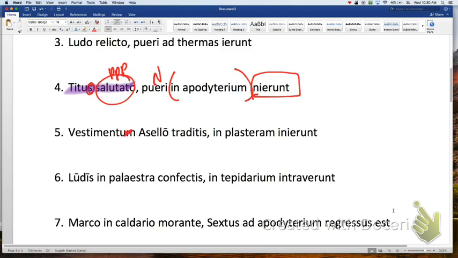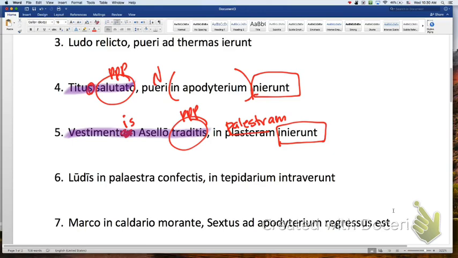Boy, this is like a parade of mistakes over here, Dr. Simone. Okay, so this one's going to be vestimentis traditis. So with the clothes having been handed over to Acellus, they went into the exercise ground, right?